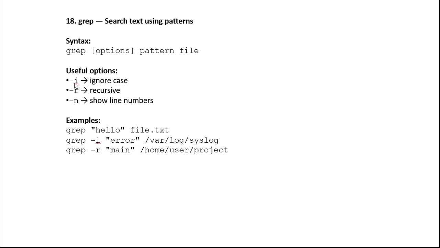Useful options are hyphen i to ignore case, hyphen r for recursive, and hyphen n to show the line numbers. Examples: grep hyphen n double quotes hello file.txt, grep hyphen i double quotes error /var/log/syslog, and third example is grep hyphen r double quotes main /home/user/project.